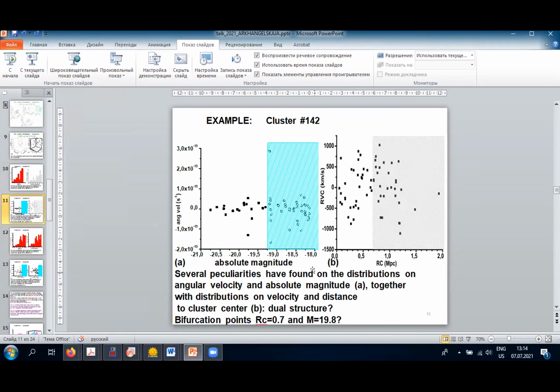We can see two bifurcation points in the distribution, which is shown on this slide too. This point corresponds to a distance to the center of the cluster equal to 0.7 megaparsec, and of course an absolute magnitude of 19.8.